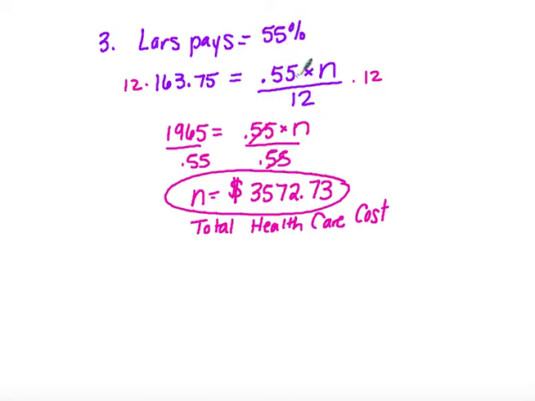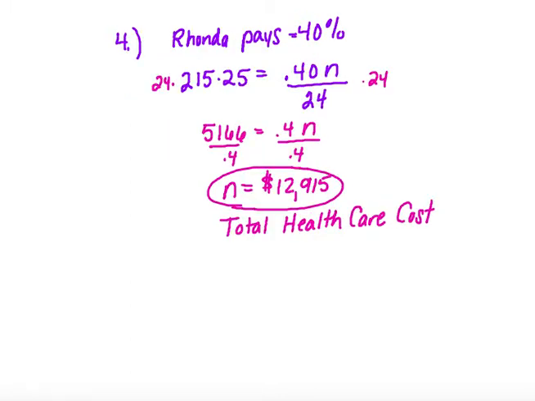So we're going to take 55% of the total health care cost divided by 12, set equal to $163.75. Once that's solved out, Lars's total healthcare cost for the year is $3,572.73.